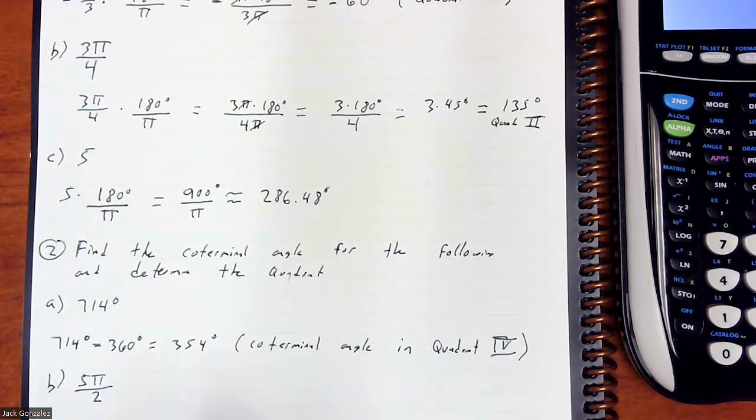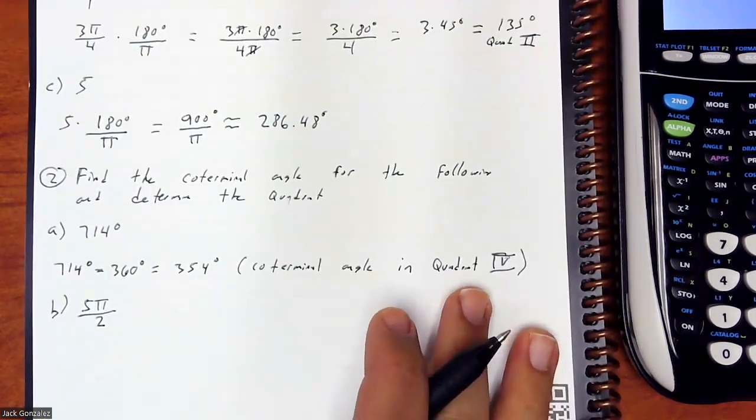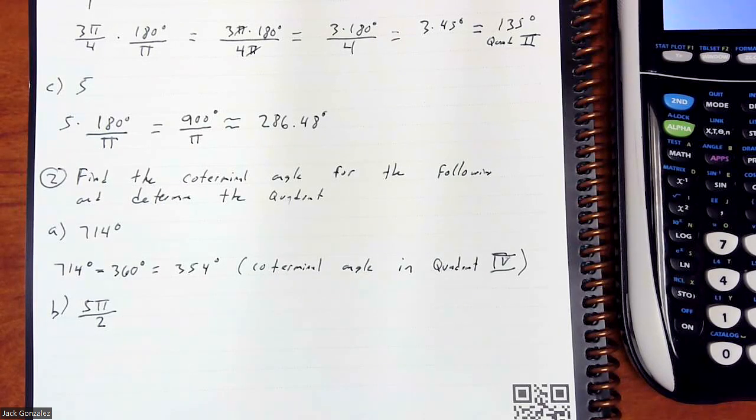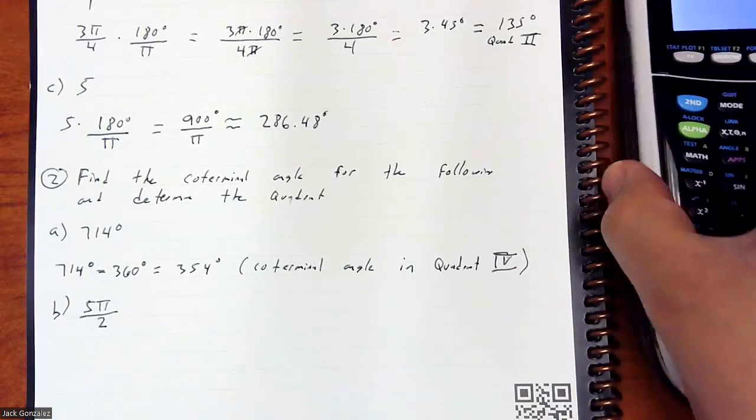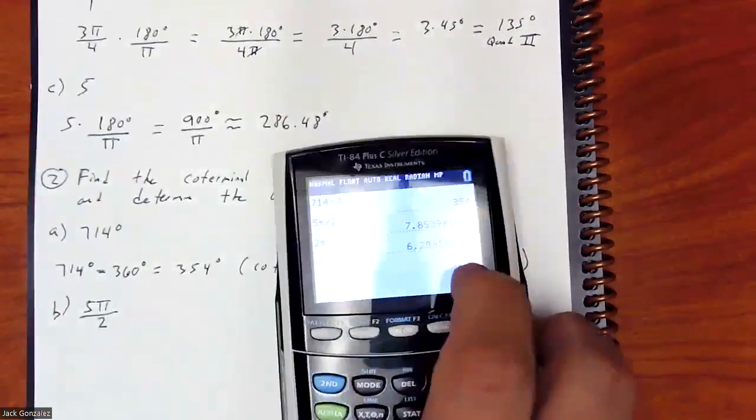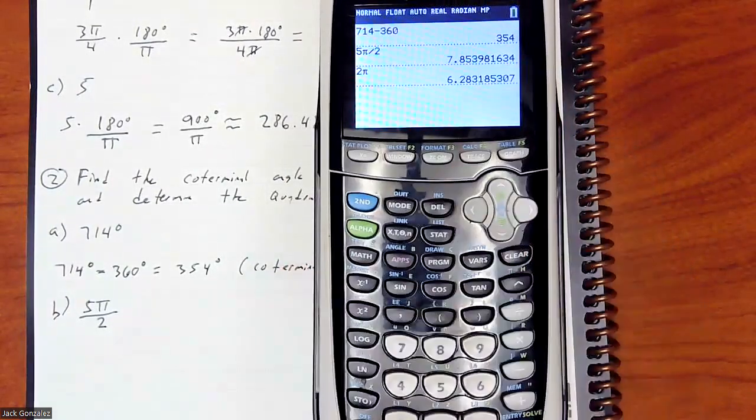Can you tell by looking at it that we are beyond 360, beyond 2 pi? And if you can't, well, plug it in your calculator and determine, right? 2 pi is about 6.28, 5 pi over 2 is 7.85. So we're beyond 360, right?